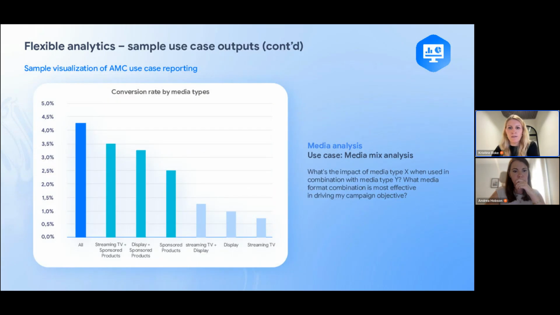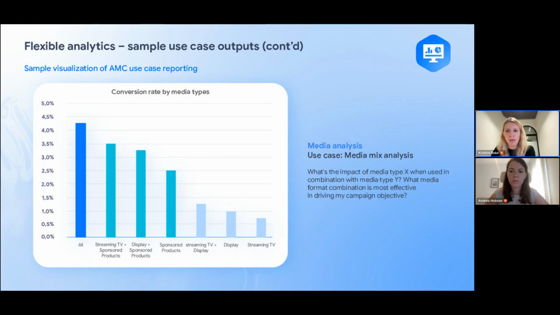And so here is a sample visualization from the AMC analysis, realized with the help of the instructional queries. An example of how AMC helps us understand the interaction between media types, in this case, through a media mix analysis. And the objective of this analysis is to measure how different ad formats perform when they are used together.